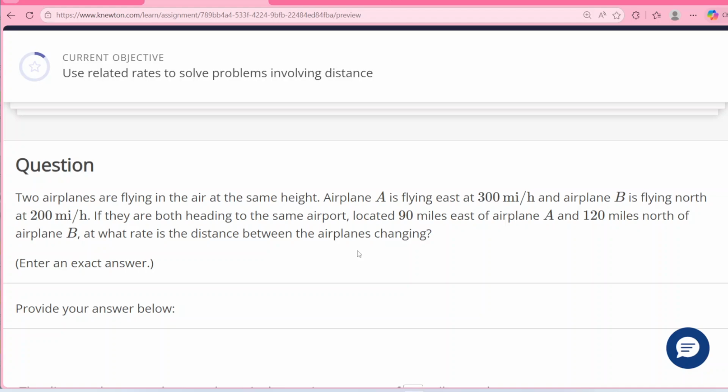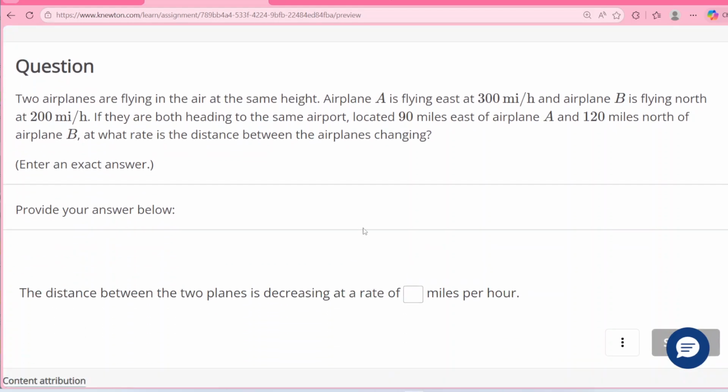So another one involving distances. Again, reading the problem, we've got to set up a nice picture. So 2 airplanes are flying in the air at the same height. Airplane A is flying east at 300 miles per hour. So there's a rate of change.